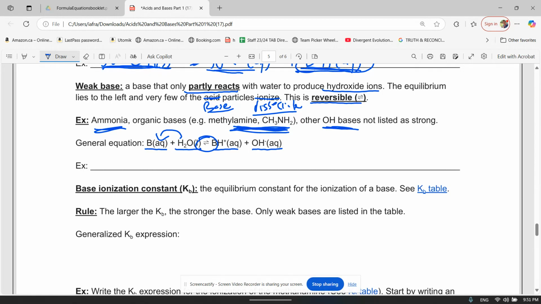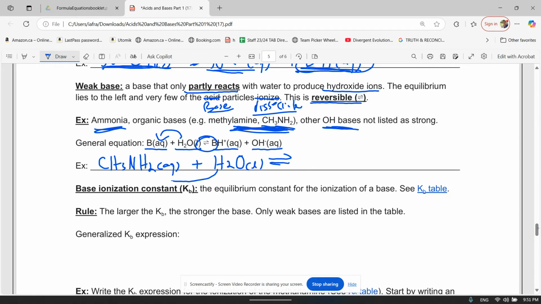We'll do another example. Let's choose methylamine. So methylamine over here is CH3NH2. That's our weak base. We know that because it's an amine. We're going to write it as aqueous. We're going to make it react with water. So weak bases will often do this reaction with water here, which is liquid. We're going to do our double arrow.